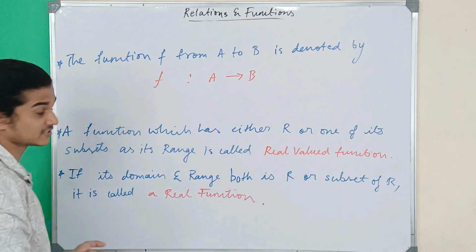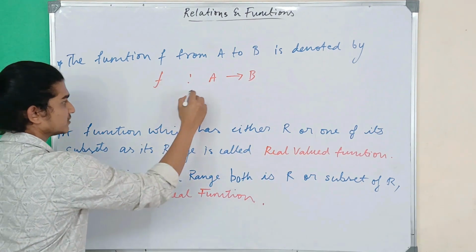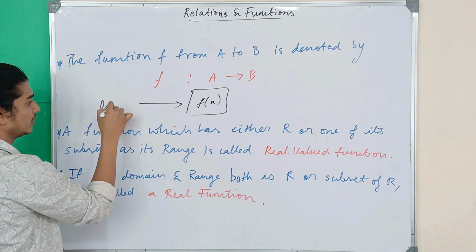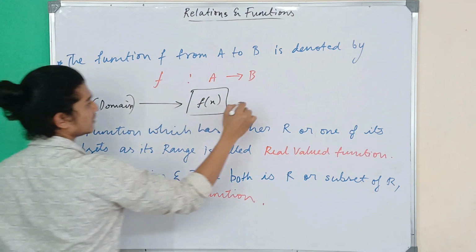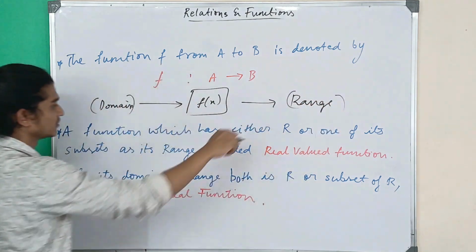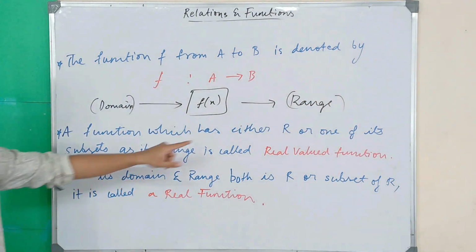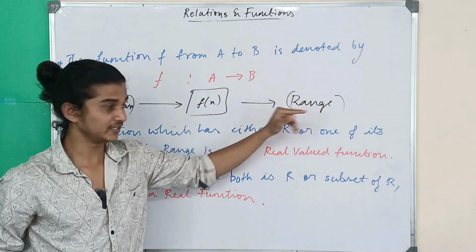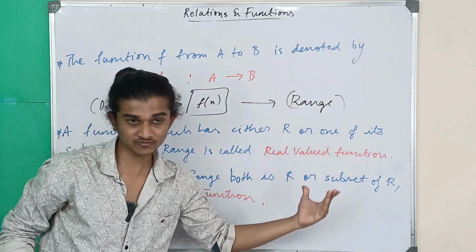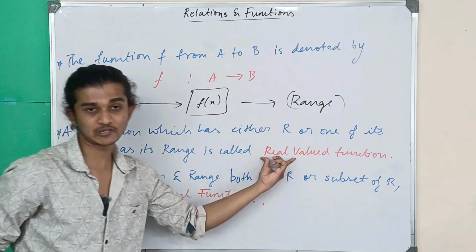Let us try to understand this using an example. This is our function f of x, this is our domain which is input, and this is our range. If the output you get is either R or one of its subsets, we can call that a real valued function.